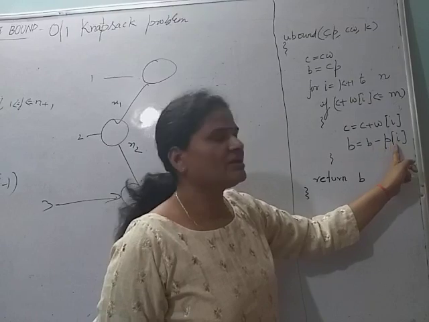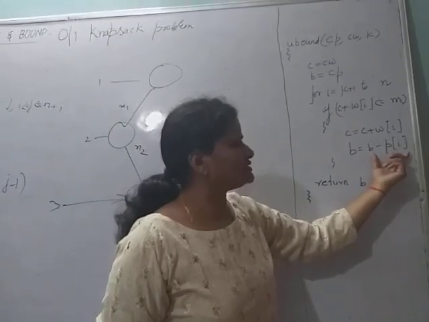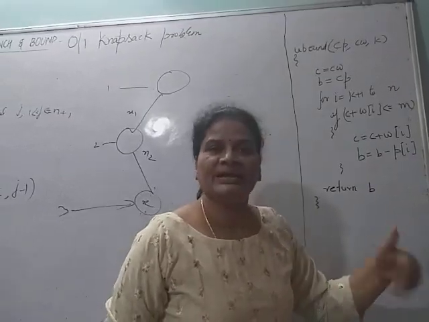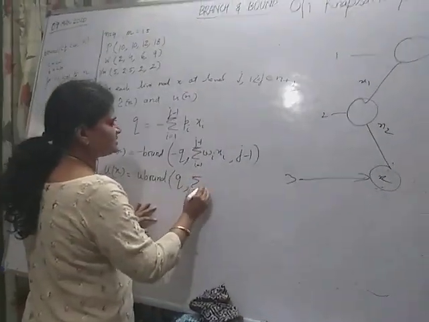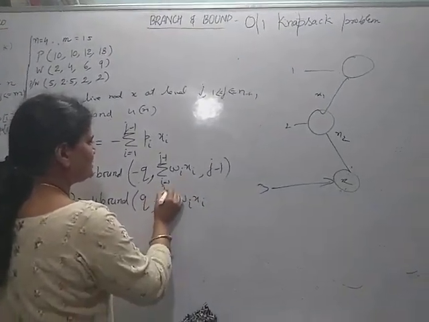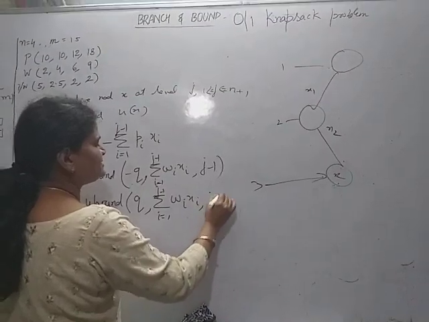So B is negative and Pi is minus, so this will add and it will give the negative cost. So Q and summation Wi xi, i equal to 1 to j minus 1, and j minus 1.